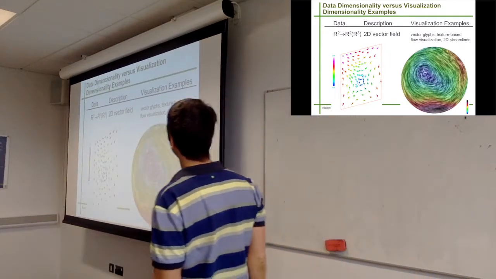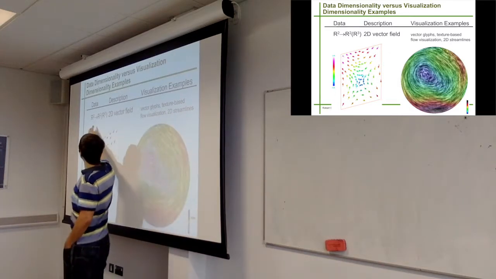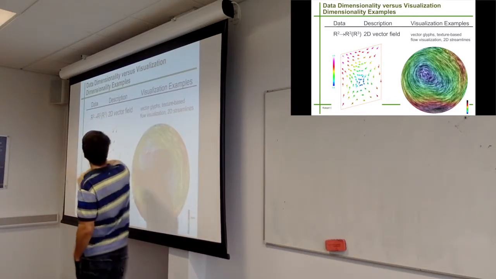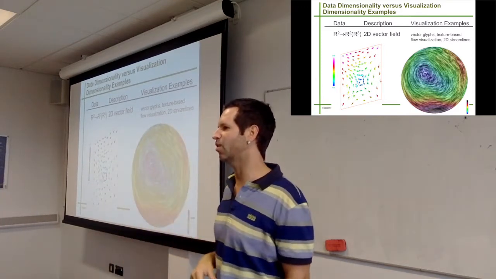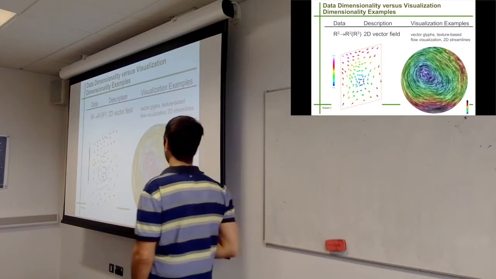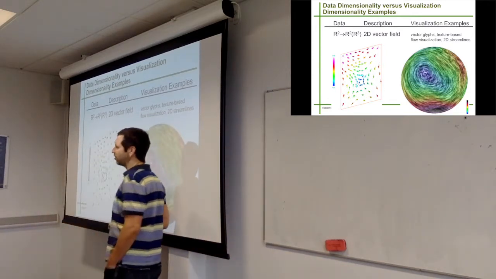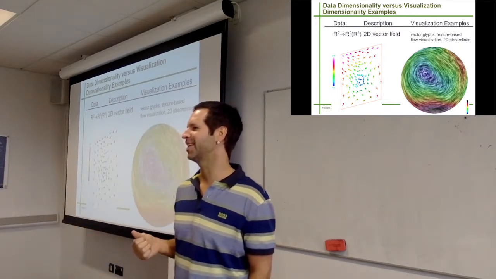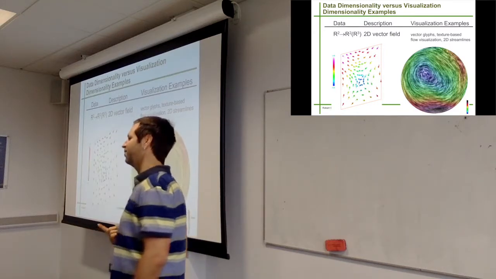Here's an example of two-dimensional data. That's what the R2 stands for, a set of real numbers being mapped to two-dimensional space again. So the previous example was also two-dimensional space. In this case, it's a set of two-dimensional vectors. So vectors have, as we remember from last Monday, an x component and a y component.